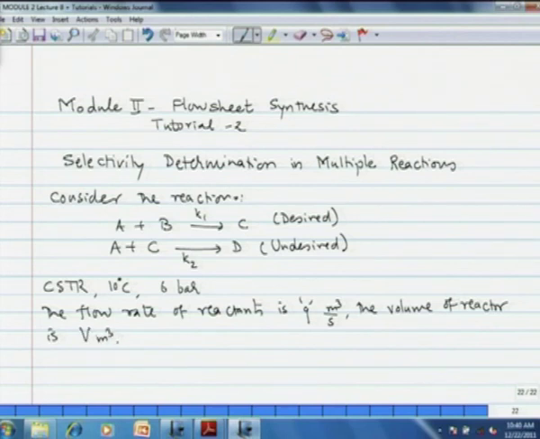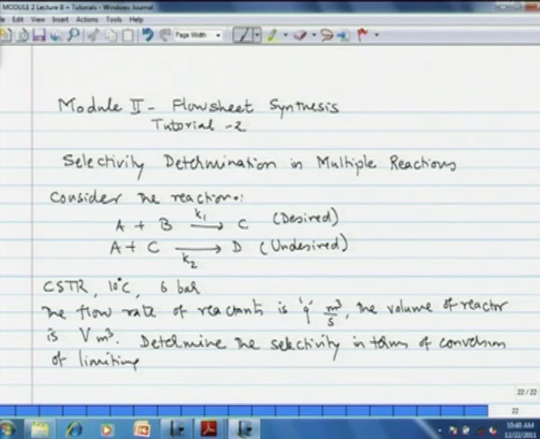Now, we have to determine the selectivity in terms of conversion of the limiting reactant A.